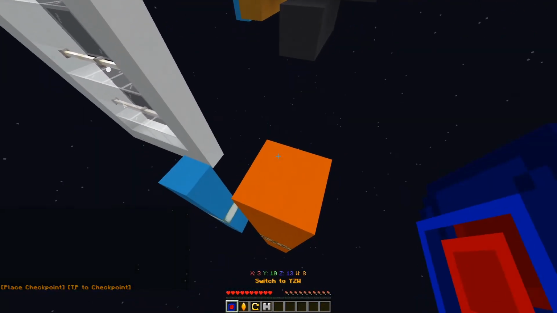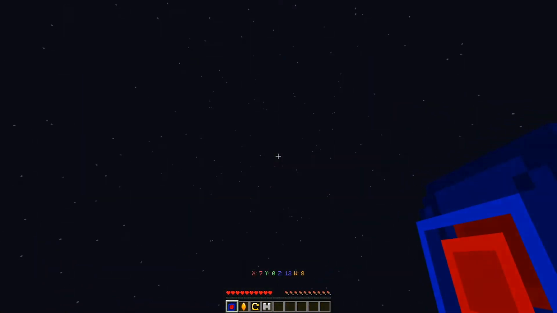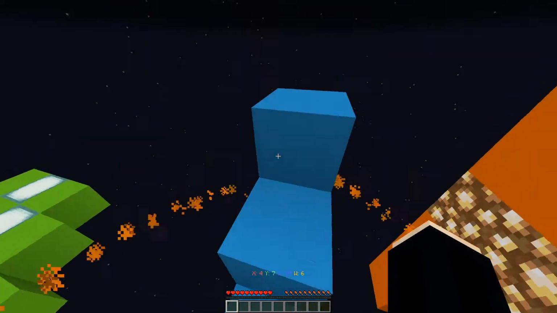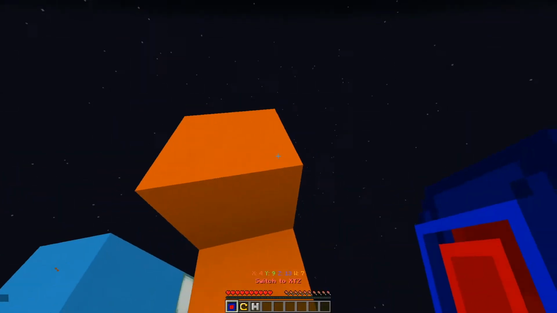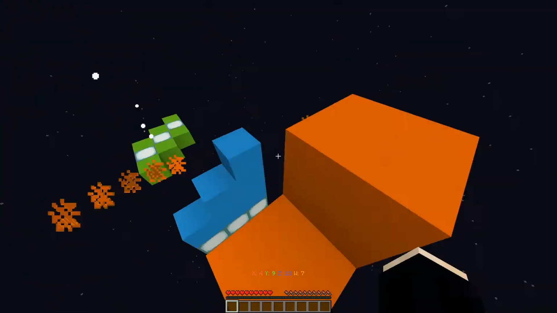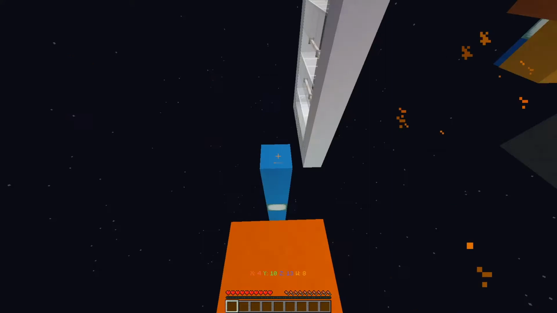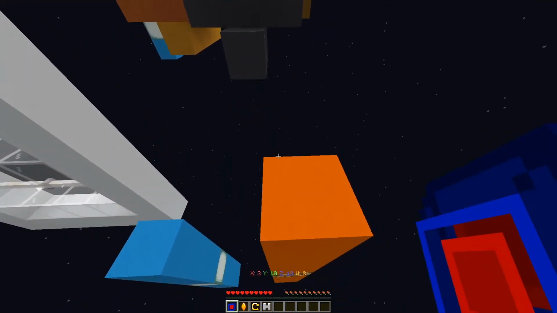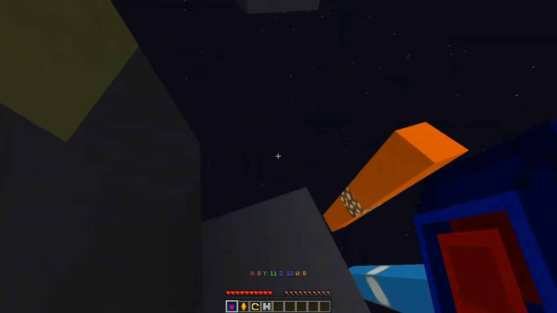There's probably no point in making a checkpoint because I know. That sucks. I don't think I can make that jump. It kind of sucks. Then again, I might be able to. I just need to. There we go.